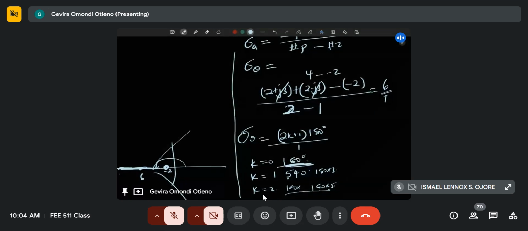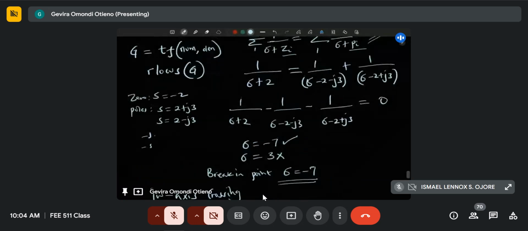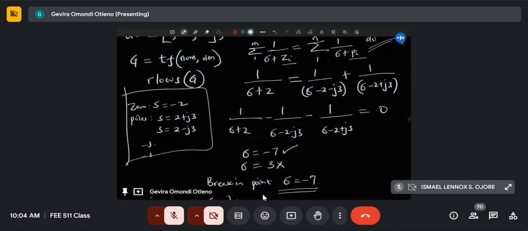The only way to do that is to look at the location. Where is the location of the poles? Where is the location of the zeros? From there, you can tell. If the poles are on the real axis and the zeros are on the imaginary axis, then it means that the poles will have to leave the real axis to go to those zeros in the imaginary axis.